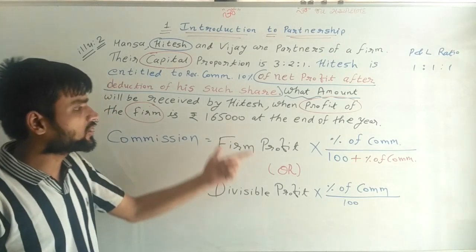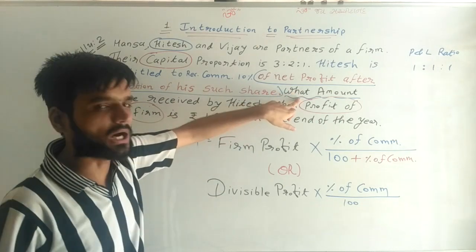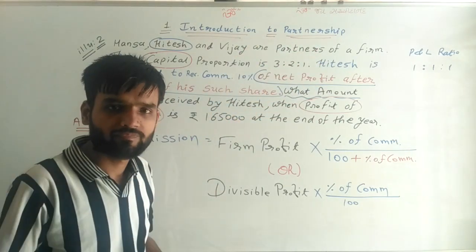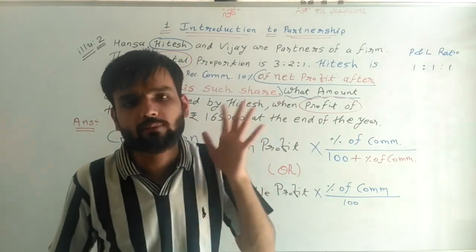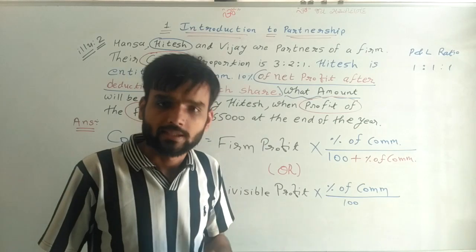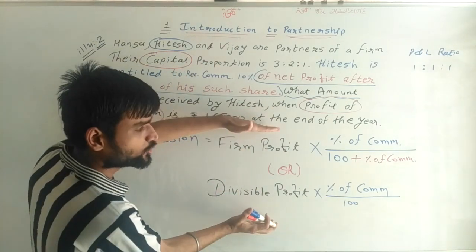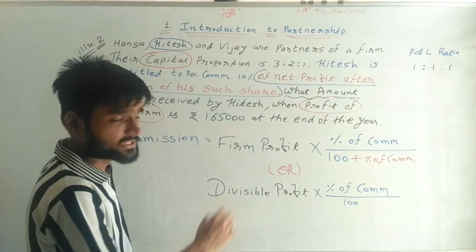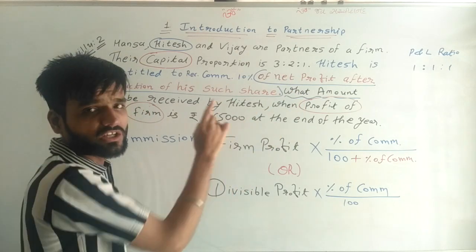If the profit and loss proportion is equal, then what amount is received by Hitesh? Hitesh will receive commission plus profit, both amounts. Now how do we calculate commission? That formula is given to you here. Now we understand the formula and concept of net profit after deduction of such commission.